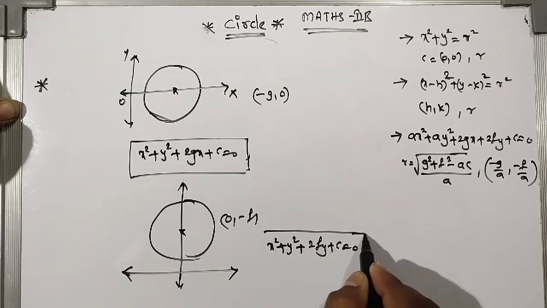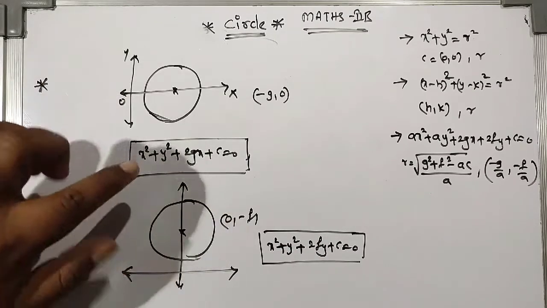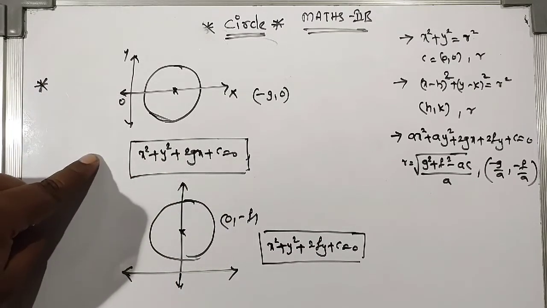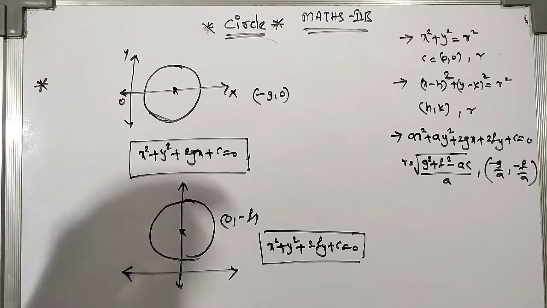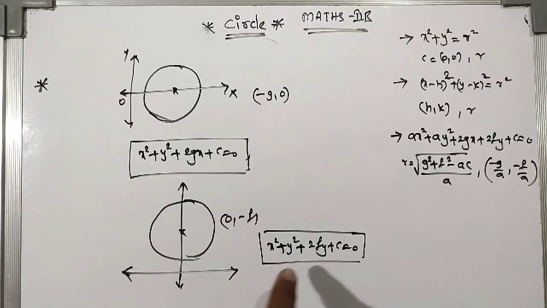It means in any equation, if the y term is absent, then the center is on the x-axis. If the x term is absent, then the center is on the y-axis. So you can easily identify where the center is located by these key points.